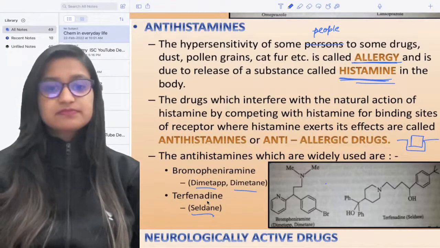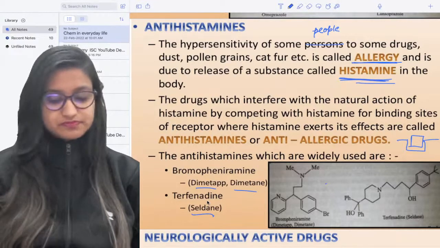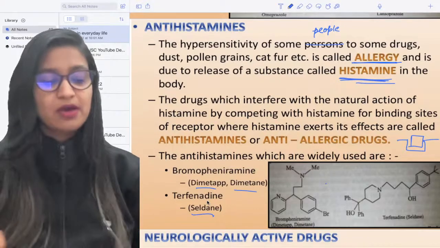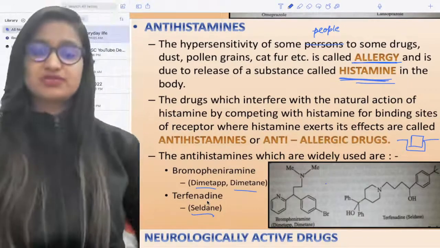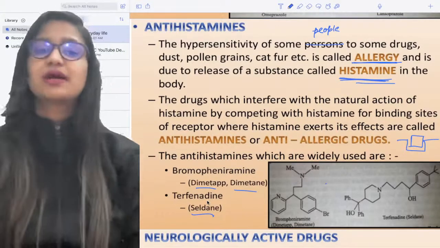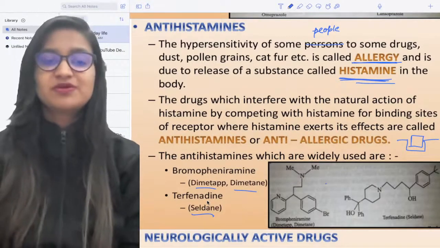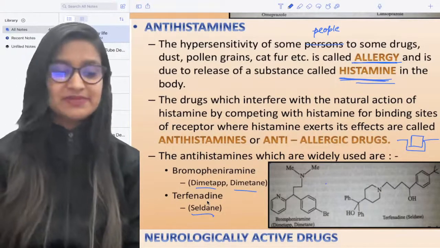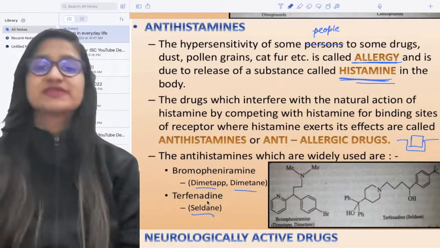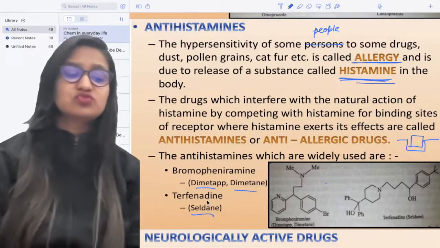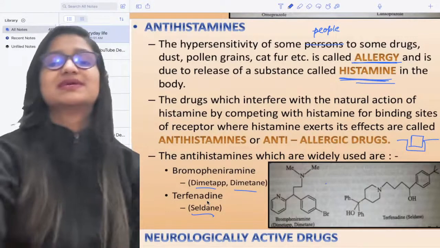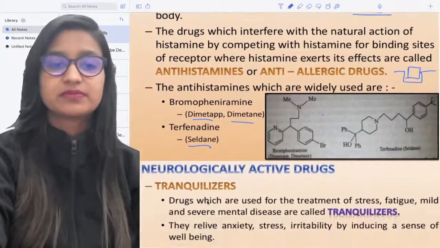You absolutely need to know how they work and what their uses are, how they can be stopped, what the examples are. Examples you must definitely know. You have to know the examples. Let's move ahead.